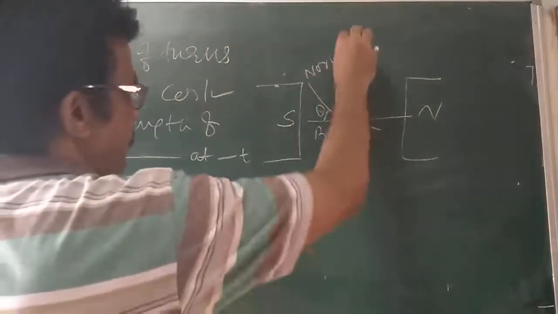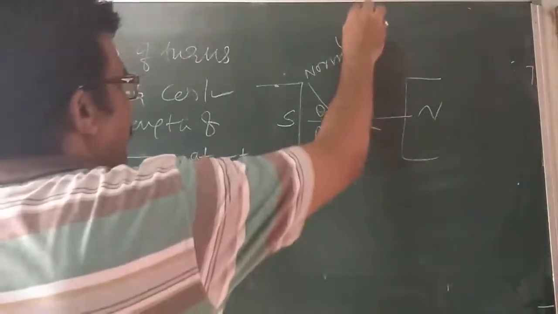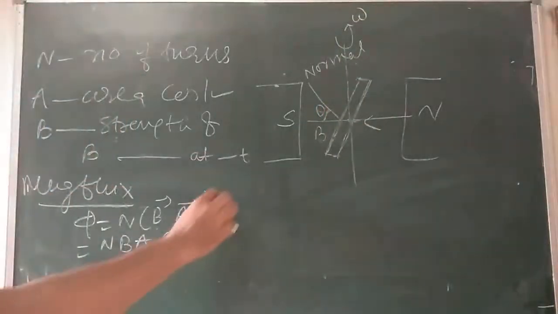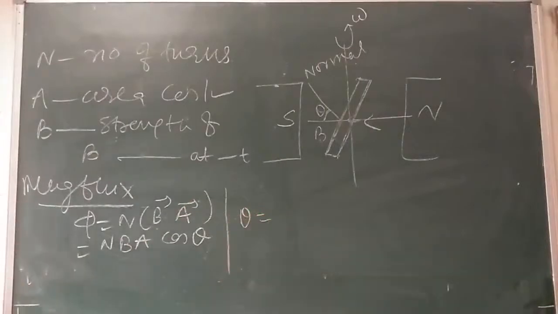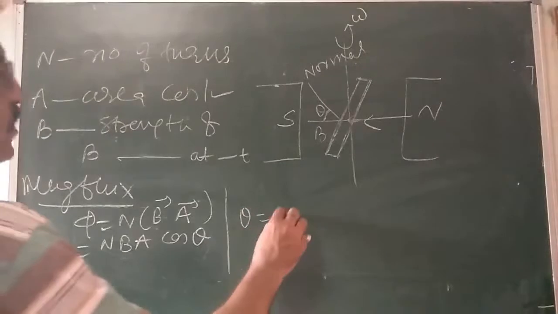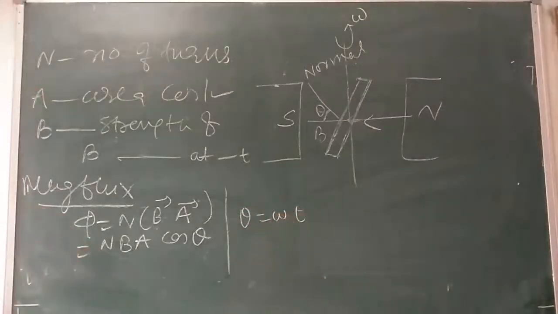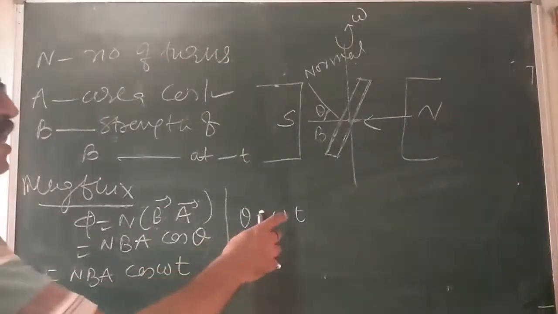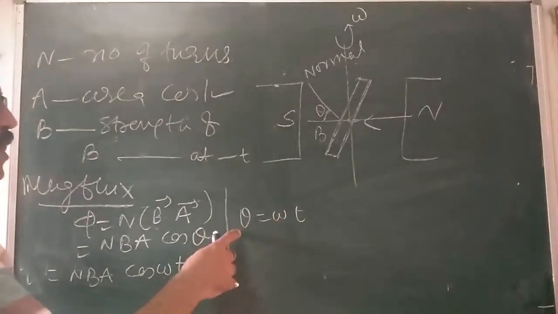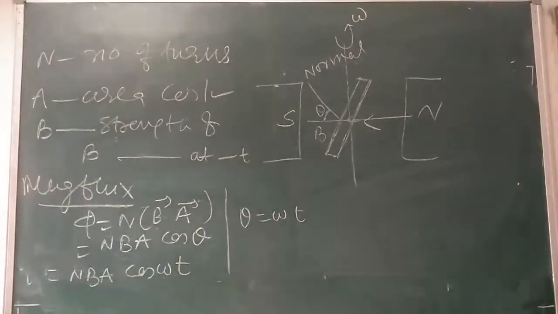The coil rotates with an angular velocity omega. So I can write angular displacement theta is equal to omega t, that is the angular velocity into time. So I can write NBA cos of omega t. Write down here. How it comes: angular velocity is equal to angular displacement upon time.